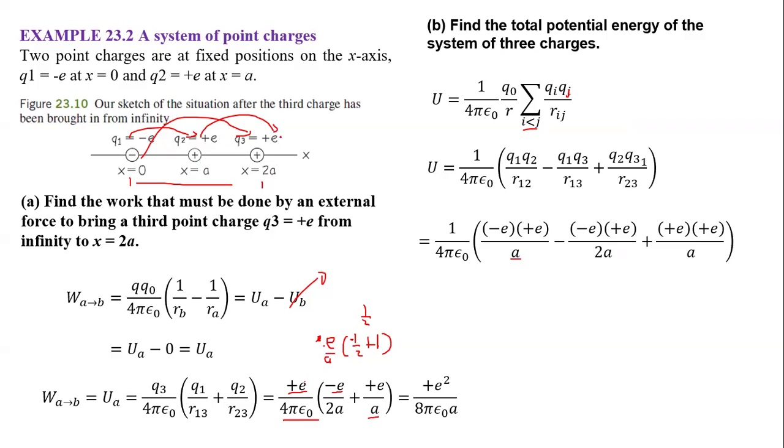And that's all. We cannot pair this back, the 3 and 1, because of this condition here. So if we do our mathematics, it's just equal to negative e squared over 8 pi epsilon naught a.